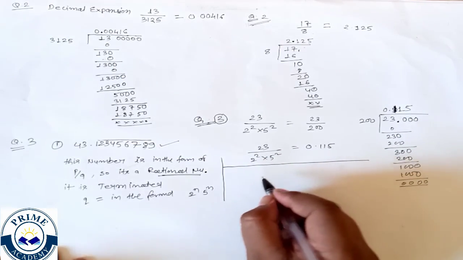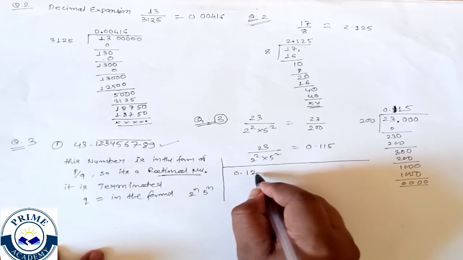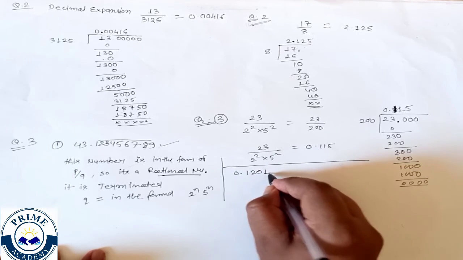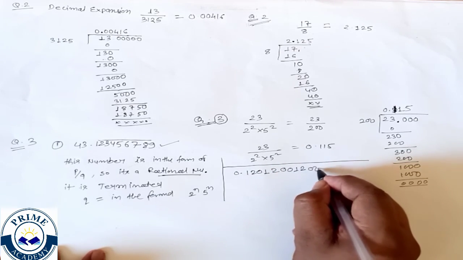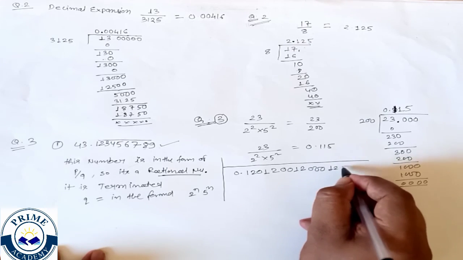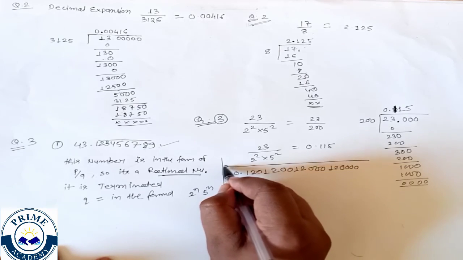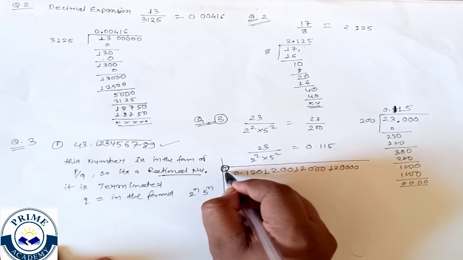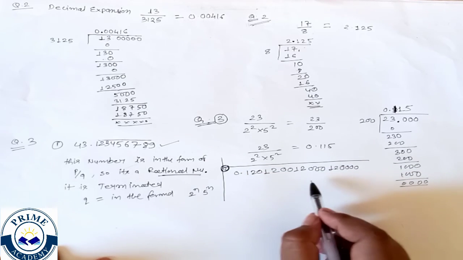The second question says 0.12012001200200002... This is the second question, the second part of your question number 3. Check whether this is terminated or not.